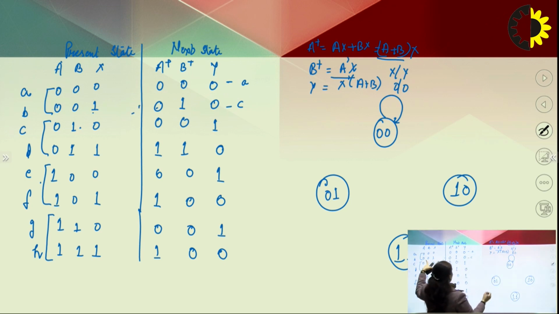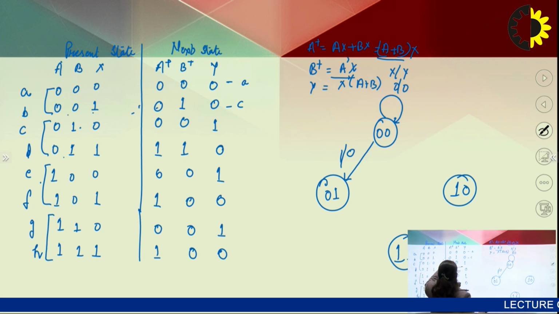From 0, 0, it will go to the 0, 1 state when the value of x is 1 and y is 0, right?